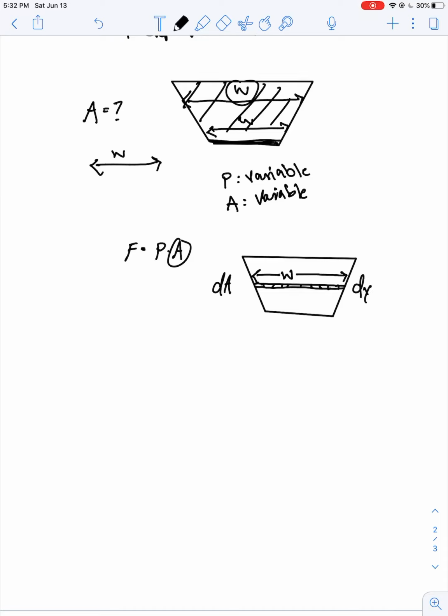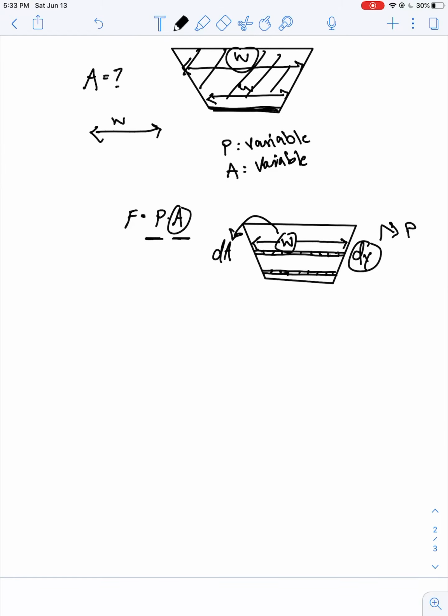You can call it dy. A band here will be different than a band here. They will all each have their own force, dF, since they have different depths, which changes the pressure, and they have varying widths, which change the area, and the force is dependent on both the pressure and the area.